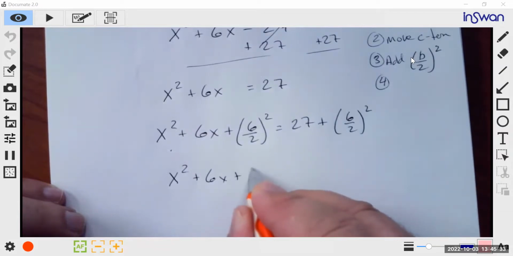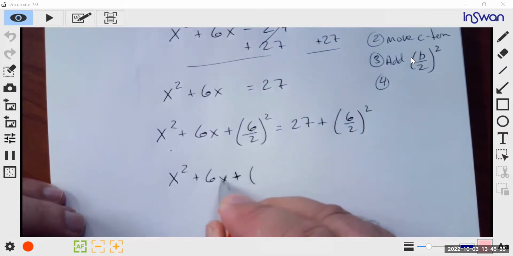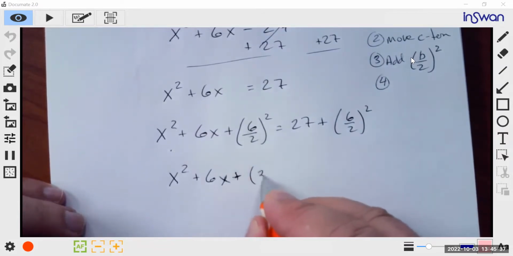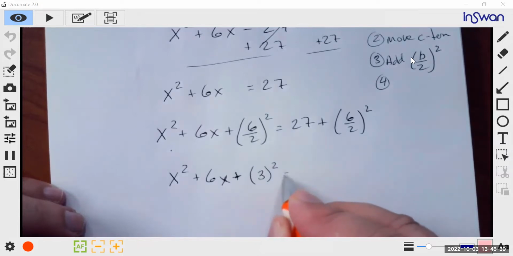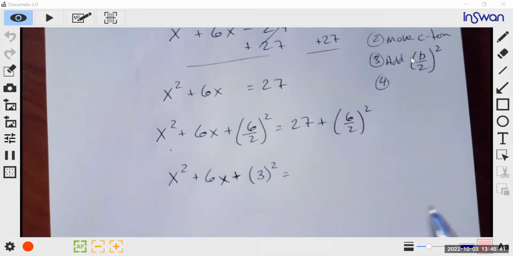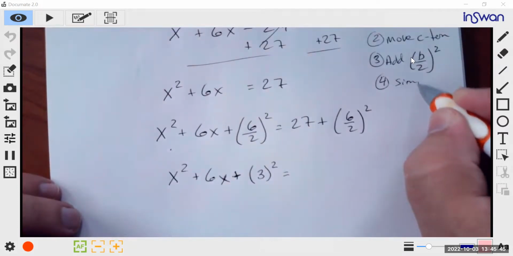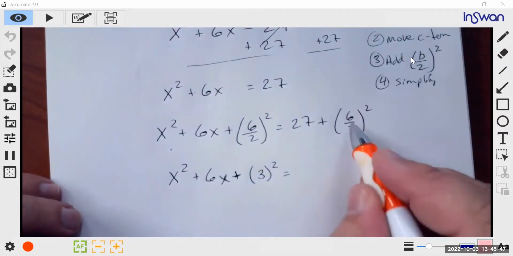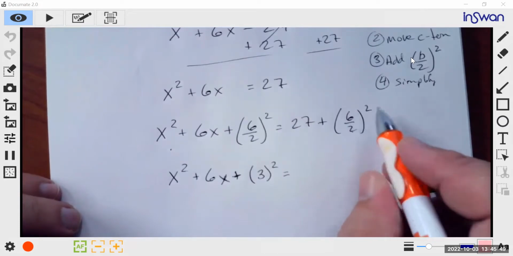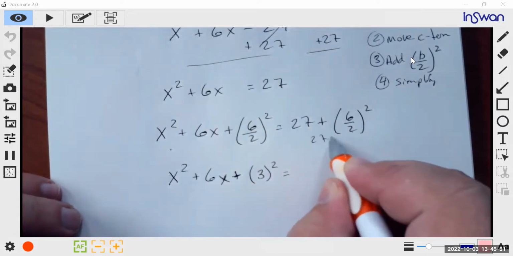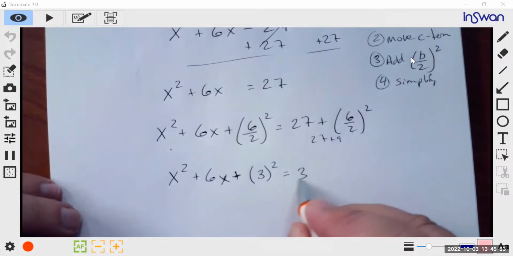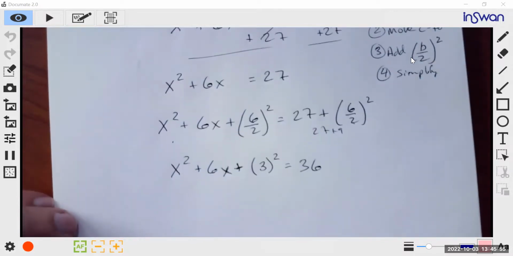On the left-hand side, only do what's inside the parentheses. 6 divided by 2 is 3. And the right side, work it out. Six divided by 2 is 3, squared is 9. 27 plus 9 is 36.